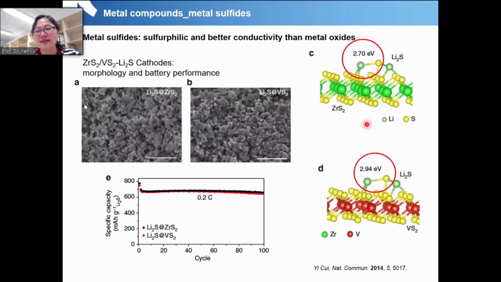And of course, you can use DFT calculation to calculate the binding energy of such metal sulfides to lithium sulfides, and they show very good, strong binding. By the electrochemical performance, you see both systems show nearly similar performance, with very good cycle stability.